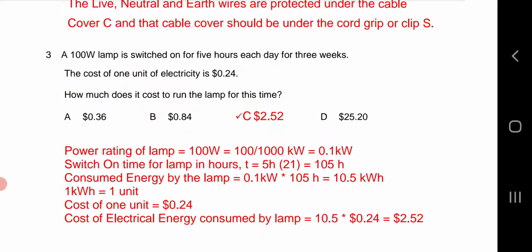The cost of 1 unit is given as $0.24. So the cost of electrical energy consumed by the lamp is the number of units, 10.5, multiplied by $0.24, the cost per unit. And the total cost is $2.52. It is option C.